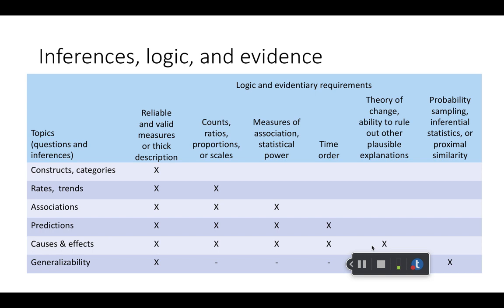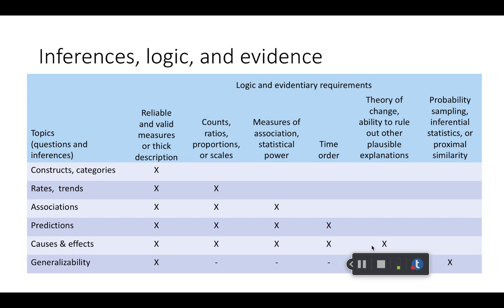So just as an example, if I'm critically appraising a study that looks at causes and effects, I'm looking at the second to last row, and I'm going to need support for all of the things that have X's in the middle. I'm going to need support for reliable and valid measures or thick description in the qualitative realm. I'm going to need support for some kind of counting.